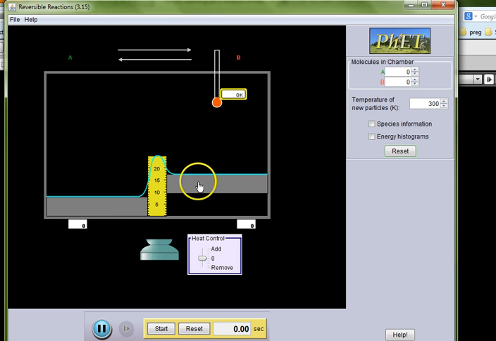Is that going to be an endothermic reaction or exothermic reaction? You need to provide the energy because there is a gap in the energies of the product and reactant. Reactants are at lower energy, products are at higher energy.